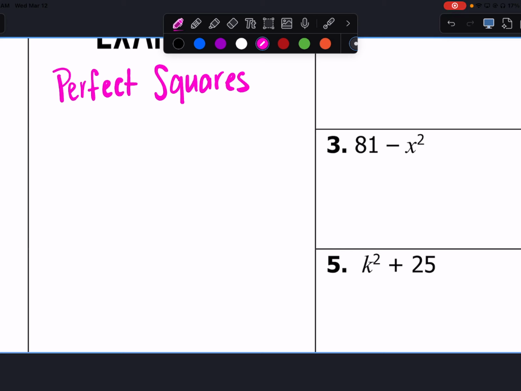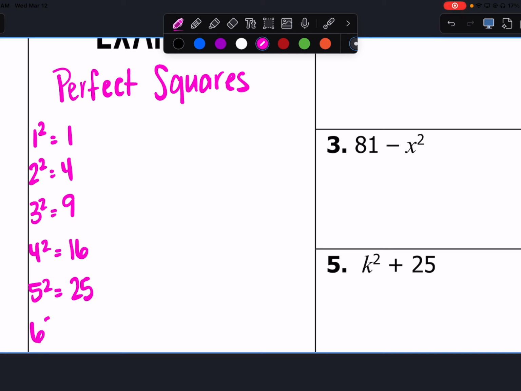So 1 squared is what? 1. 2 squared is? 3 squared is? 4 squared is? 5 squared is? 6 squared is? 7 squared is? What are we going up to, 10?